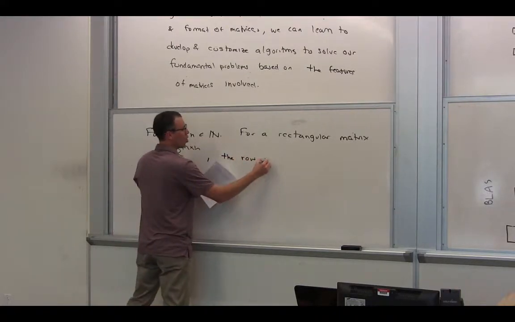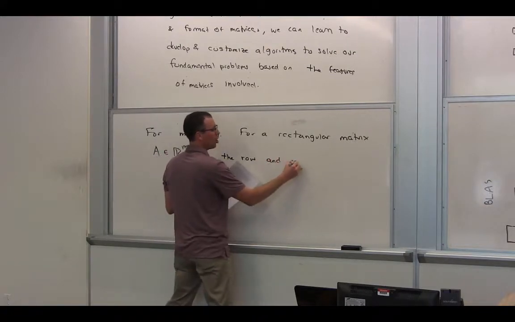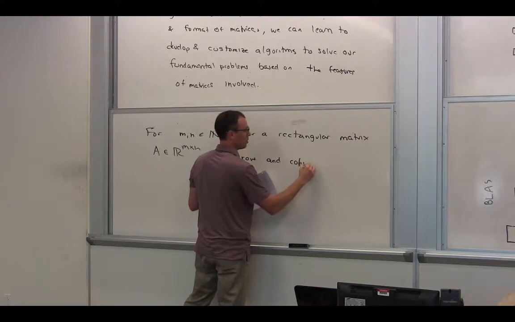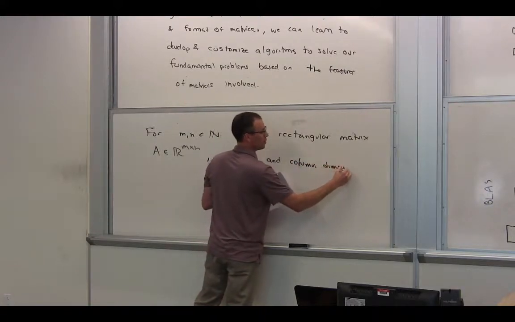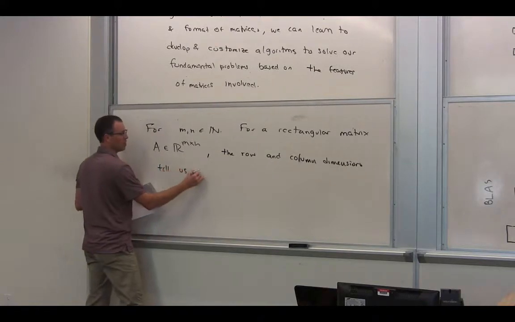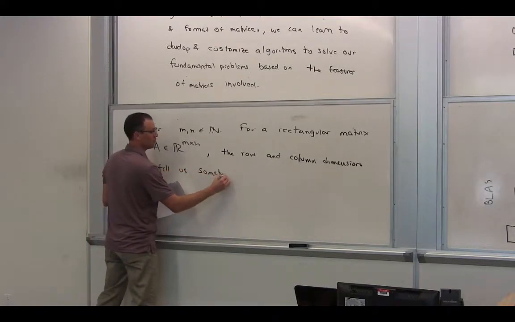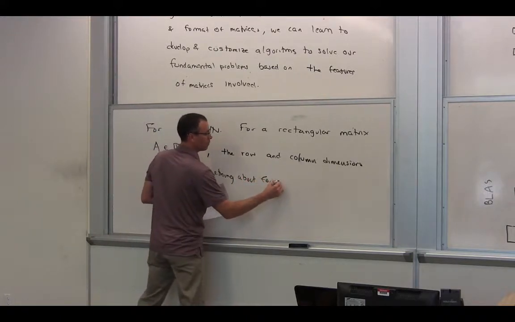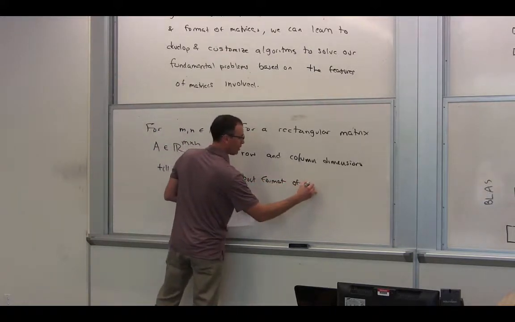The row and column dimensions tell us something about the format of a matrix.